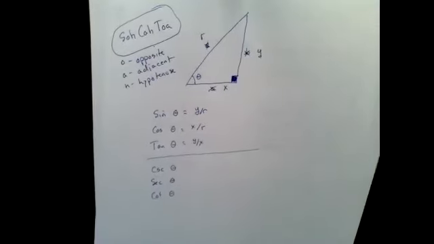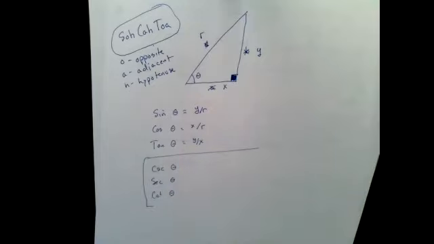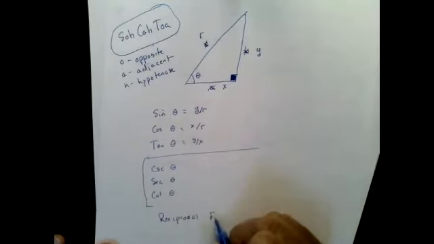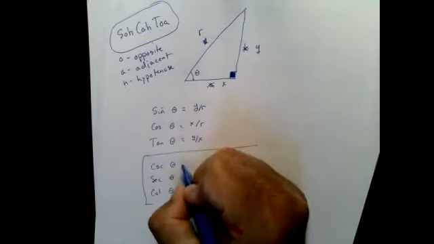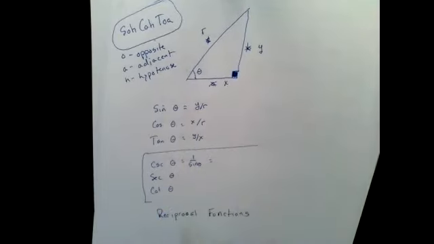Now, this other group of three are called the reciprocal functions. And how do they work? Well, the cosecant is the same as 1 over the sine, which means I'm taking the reciprocal of this.